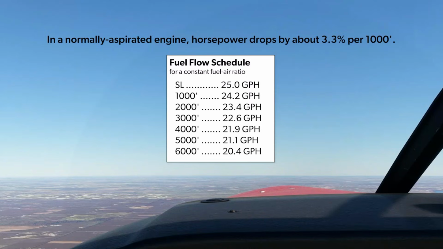You want to start from a known good sea level fuel flow, and if you don't know what that should be, there are some rules of thumb for estimating what a full power fuel flow should be. For engines up to 200 horsepower, 10% of the horsepower that you're making is a good estimate for fuel flow on takeoff.